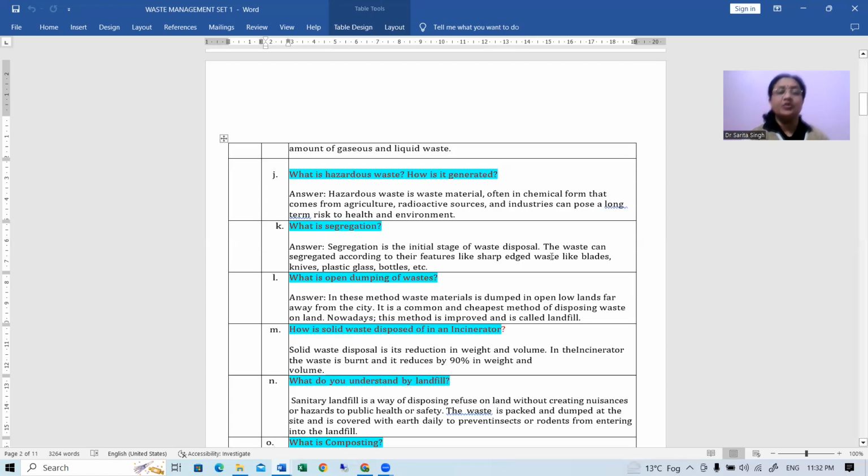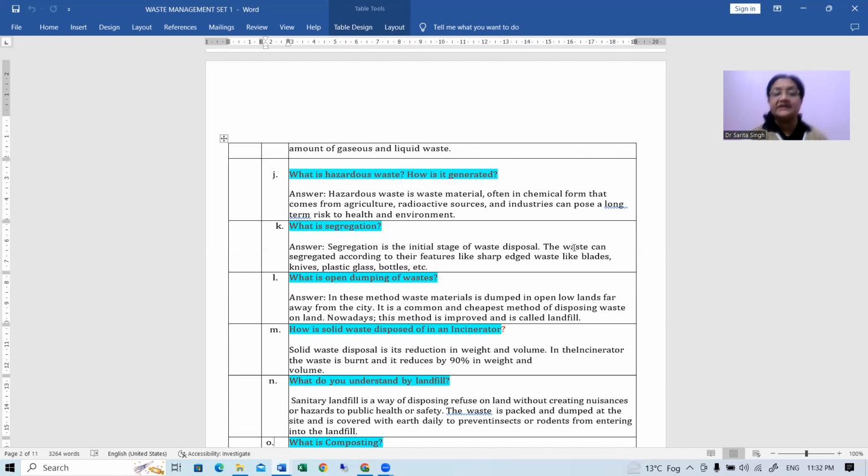Okay. And what is segregation? Segregation, children, is a very, very important term for you for the exam purposes, right? Segregation is the first step of the management of waste, right? Now, what is it? It is the initial stage of waste disposal. And what is actually involved in it?